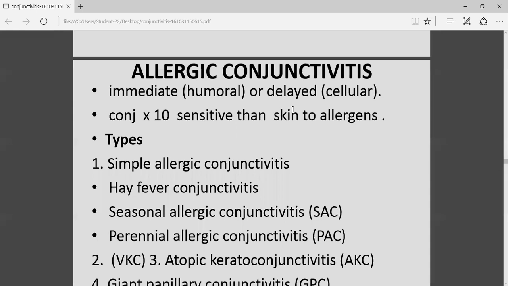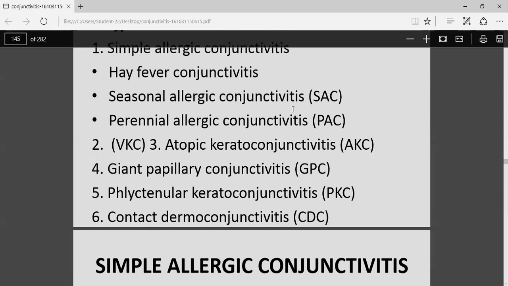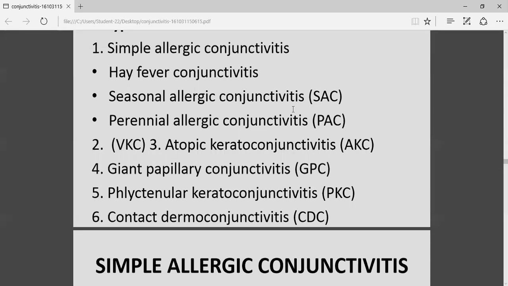One is the simple allergic conjunctivitis, and then there are variants of simple allergic conjunctivitis like the hay fever, the seasonal allergic conjunctivitis, the perennial allergic conjunctivitis. Okay. The other type is the atopic keratoconjunctivitis. The third one is vernal keratoconjunctivitis. Then there is GPC, giant papillary conjunctivitis.